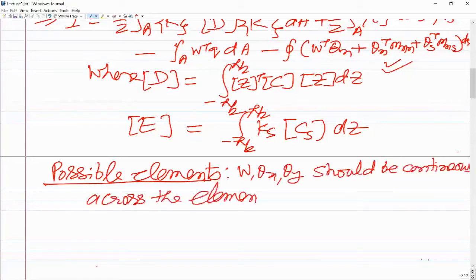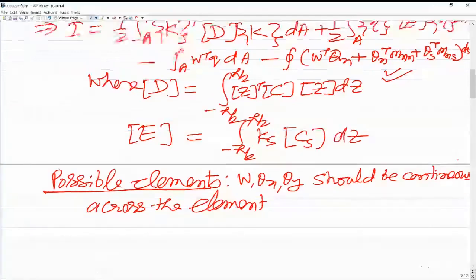for the compatible elements. Because the classical plate bending element was involving derivatives of w, we had talked about compatible and incompatible elements, but here it is possible to formulate compatible elements when the derivatives of the variables are not involved. So we talk of only the compatible elements. So for possible elements, w, theta x, theta y should be continuous across the element boundaries.